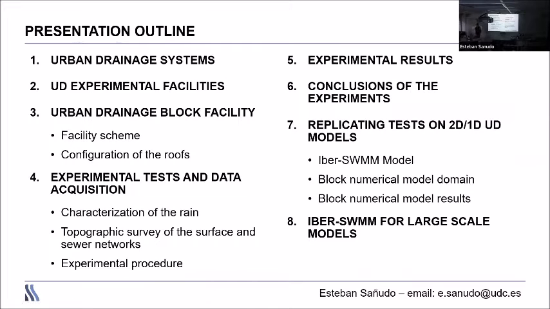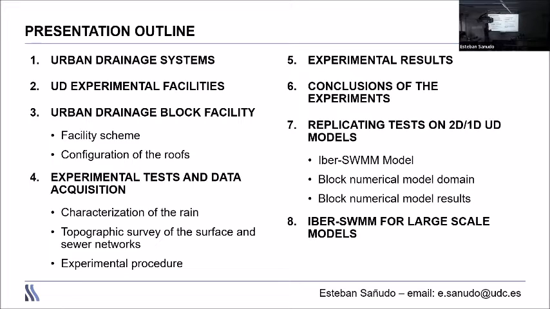I want to talk about urban drainage systems, then introduce a little the urban drainage experimental facilities that we have at the University of Coruña. Then specifically, I'm going to talk about my facility, where I carried out the main tests of my PhD. I want to talk about the experimental tests, how I did them, and then the results and the conclusions.